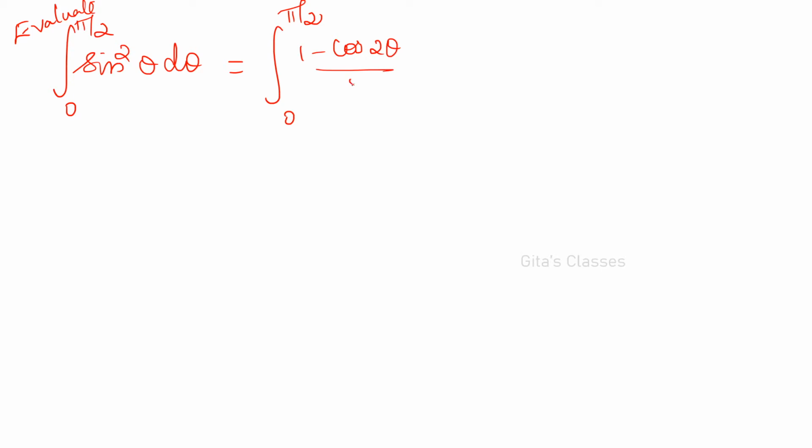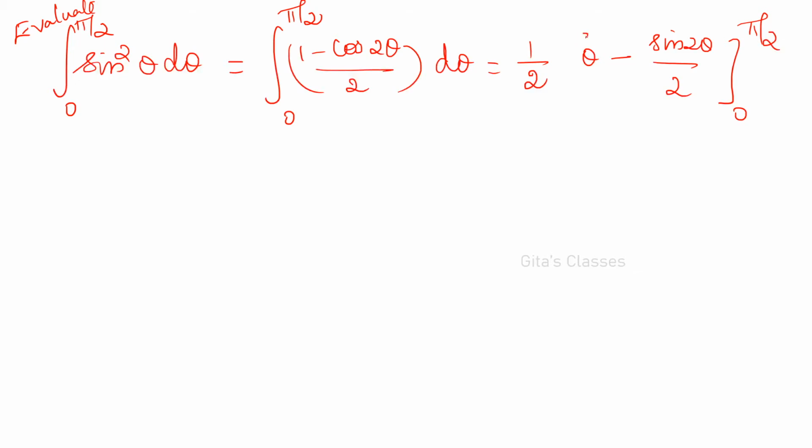Evaluate the integral from 0 to pi by 2 of sin square theta d theta. By the usual method, what will you do? Sin square theta is (1 minus cos 2 theta) divided by 2, d theta, right? So 1 by 2 I can take outside. Theta minus, integrate this: if you integrate 1, you get theta, and for cos 2 theta you get sin 2 theta divided by 2, from 0 to pi by 2, right?